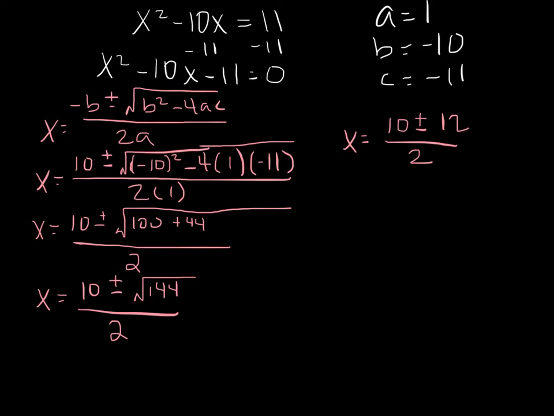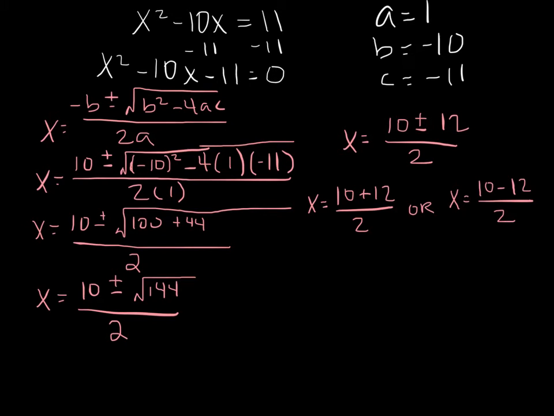We're going to take two different solutions: one with the plus and one with the minus, and put the or in the middle there. In words it probably doesn't make a whole lot of sense, so let's go ahead and do this. If we have x equals 10, we're going to take the plus one for this, plus 12 over 2, or, there's where the or comes in, x equals 10 minus 12 over 2.